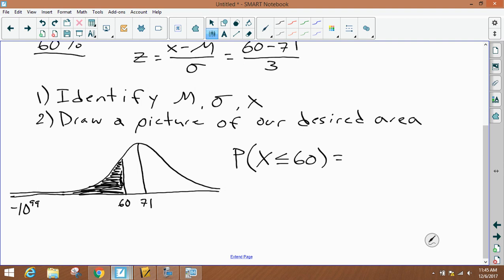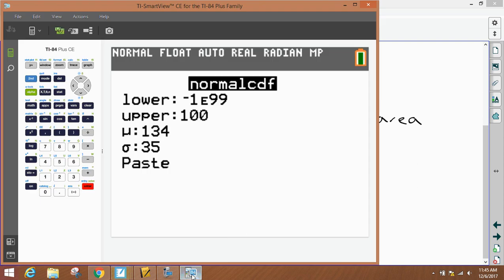That is a very, very negative number. So we tell our calculator, let's do negative 10 to the 99th power as our lower value. And our upper value will be our x value. We said that we want to know about scores of 60.